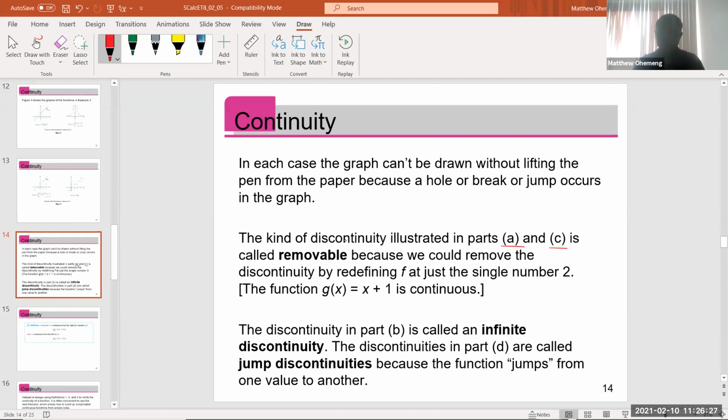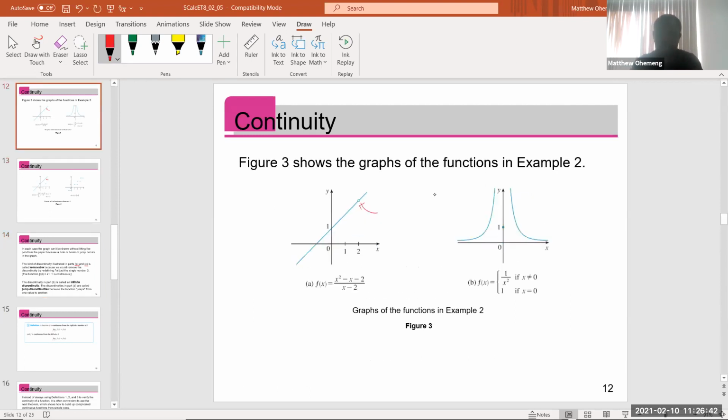Removable discontinuity. Now, why is it called a removable discontinuity? Well, the name is kind of direct. It's removable because you can remove the discontinuity by defining a single point, right? Suppose for this one, if I define f of 2 to be exactly that point, then it's continuous now.